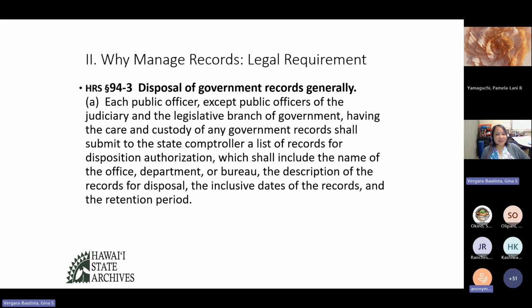So therein lies the requirement for executive branch agencies. The judiciary and the legislature have their own records management programs.